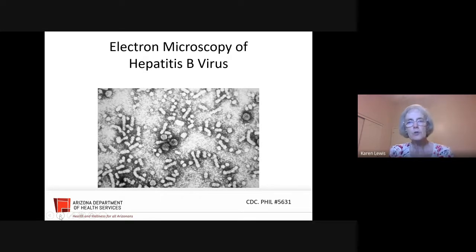This is a picture of the hepatitis B virus under an electron microscope. You can see large round bodies that are actually the virus, but there's a lot of other small spherical and longer filamentous bodies. The large round bodies are the hepatitis B virus with their capsule.